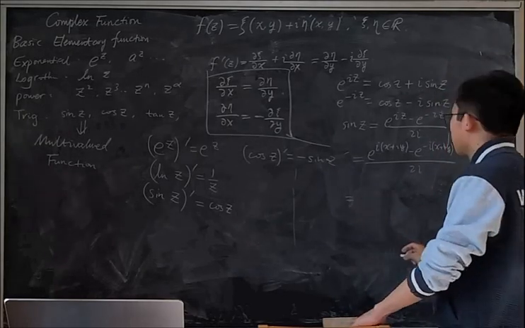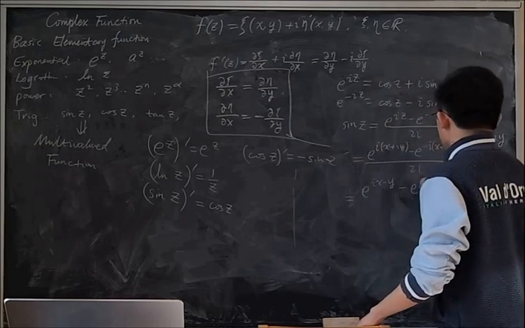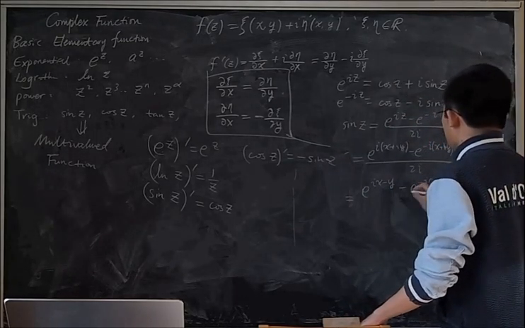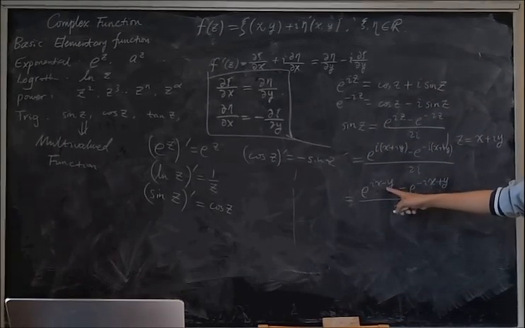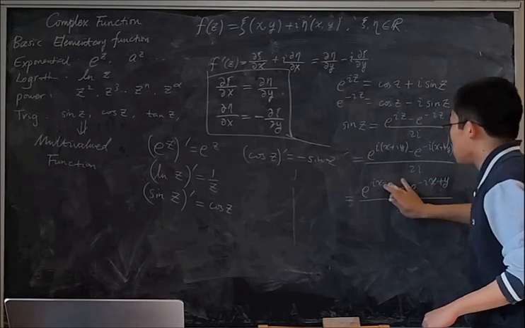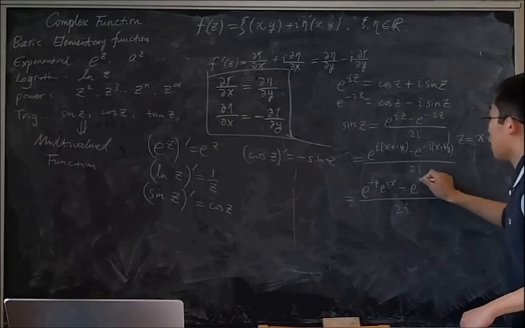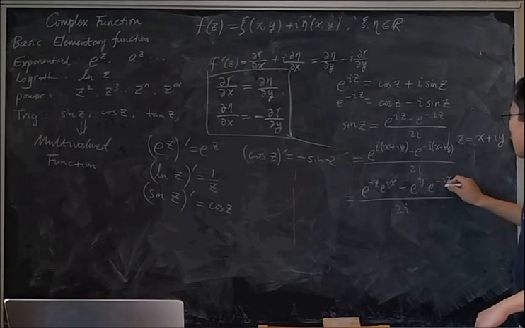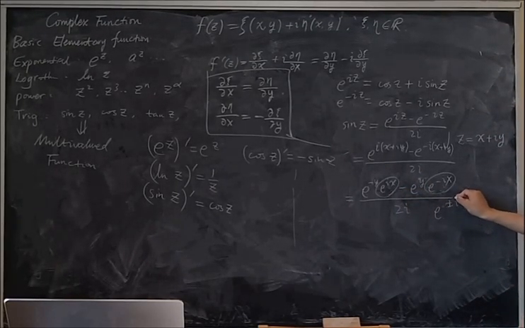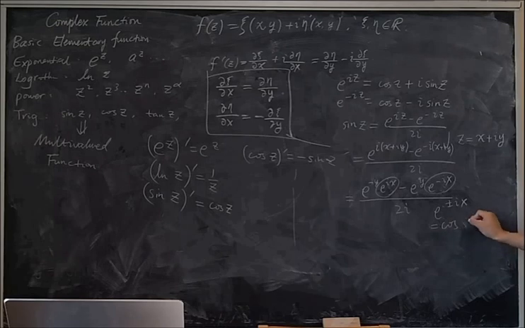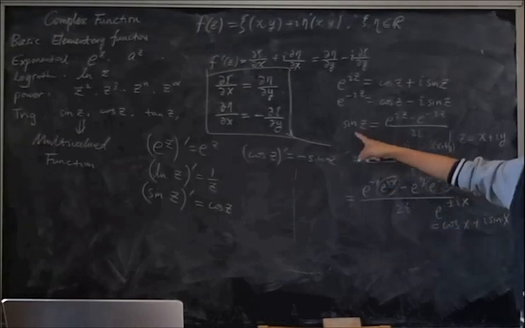That translates to e to the ix minus y, minus e to the negative ix plus y, divided by 2i. Here, x and y are both real numbers. So this is just e to the negative y times e to the ix, and this is just e to the positive y times e to the negative ix. For each part, you just further expand e to the positive or negative ix as cosine x plus or minus i sine x. And this is the exact meaning of sine z.